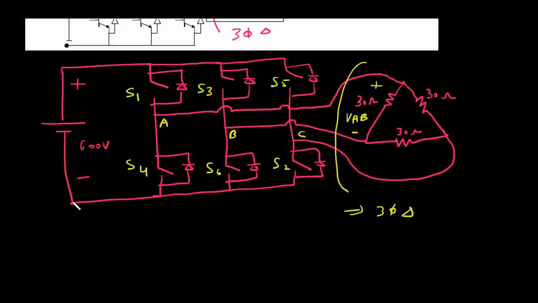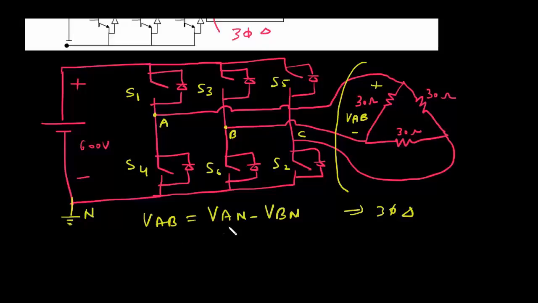So let us call the return of battery voltage as N. So VAB is VAN minus VBN. Now you need to get the potential of A with respect to N and the potential of B with respect to N. You can subtract these two to get VAB.